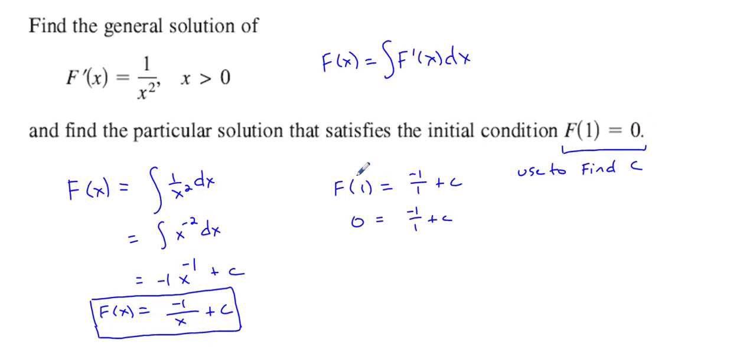And you can skip this step and just put 0 right here if you want to, but since it's the first time we're going over it, I'm showing 0 equals negative 1 plus c. So what does c equal? C equals 1. Now we have our particular solution, F of x equals negative 1 over x plus 1.